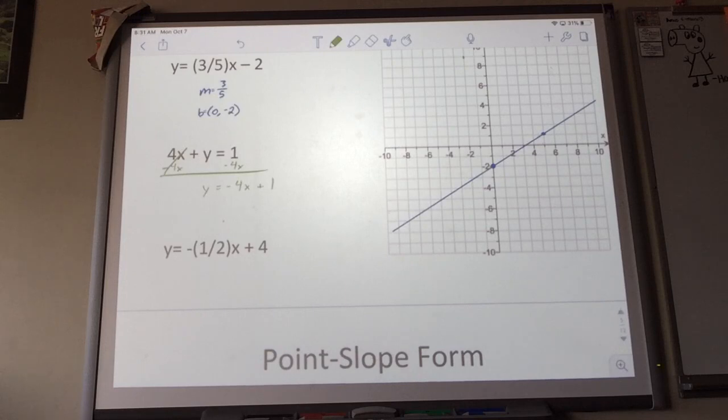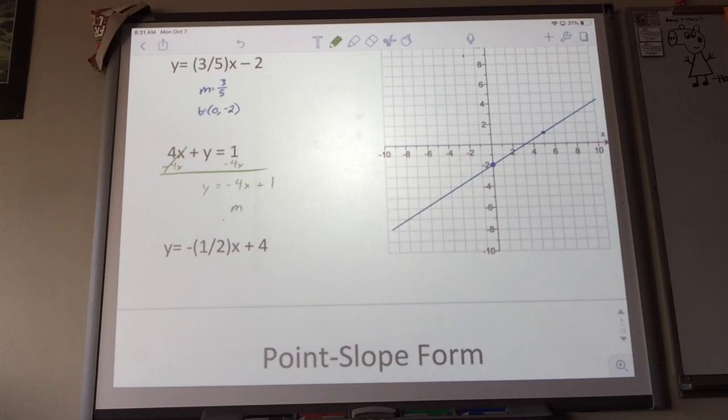So we can write down our information. Our m is -4, and when we're graphing, we like that to be a fraction, so -4/1. Our b is always 0 and then +1. So my starting point is at 1, and then I'm going to go down 4, always to the right. So down 4 and always to the right 1.